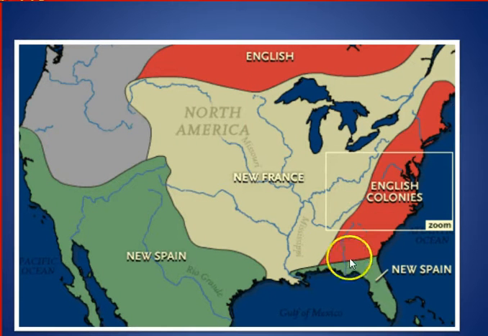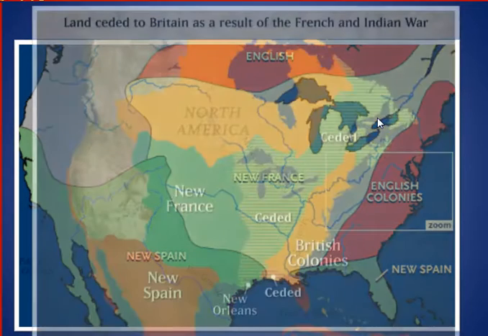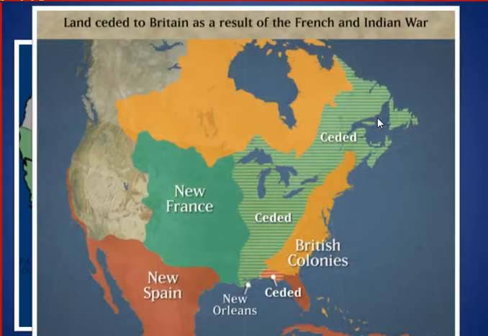This is the map from before, where you can see that before the French and Indian War, the English controlled this territory, the French controlled this territory. But then afterwards, you can see how all of this is under control of the British.